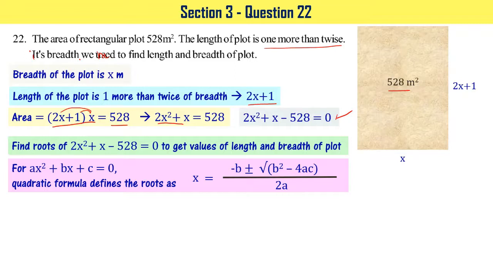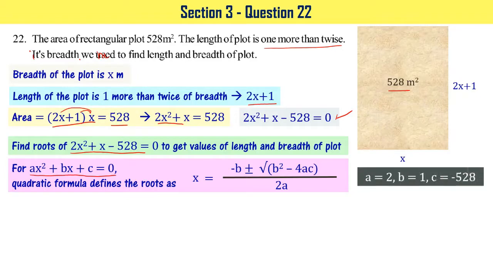Now let's compare ax square plus bx plus c with 2x square plus x minus 528 equal to 0, so that you can say a equal to 2, b equal to 1 and c equal to minus 528, right? Let's substitute these values into the quadratic formula such that you will get the value of x.